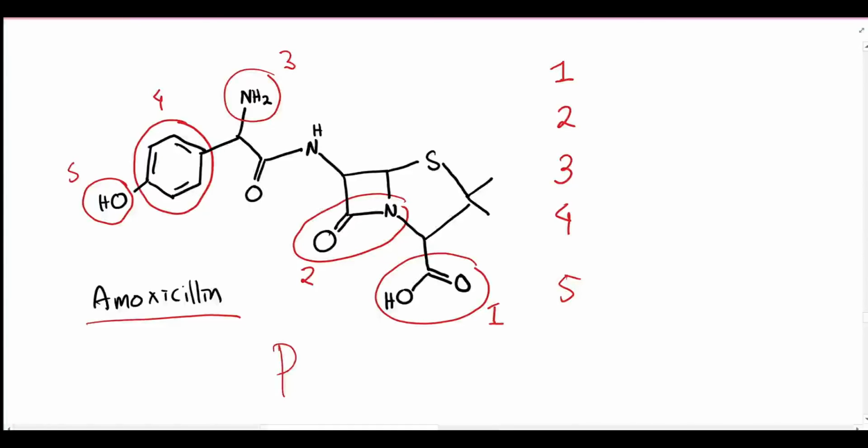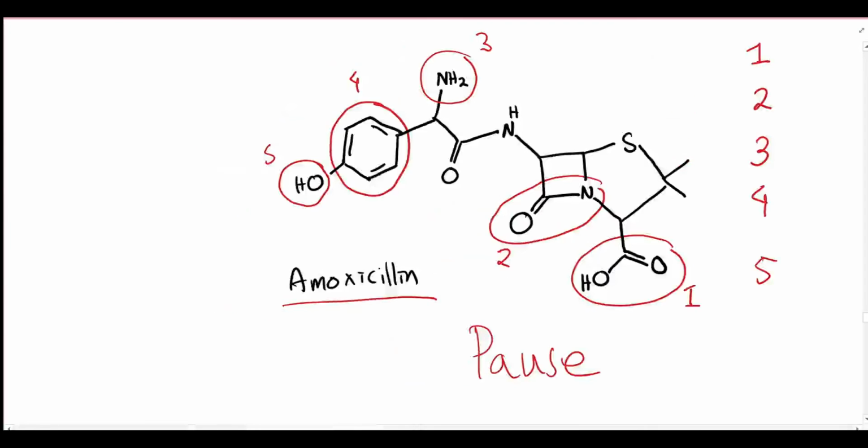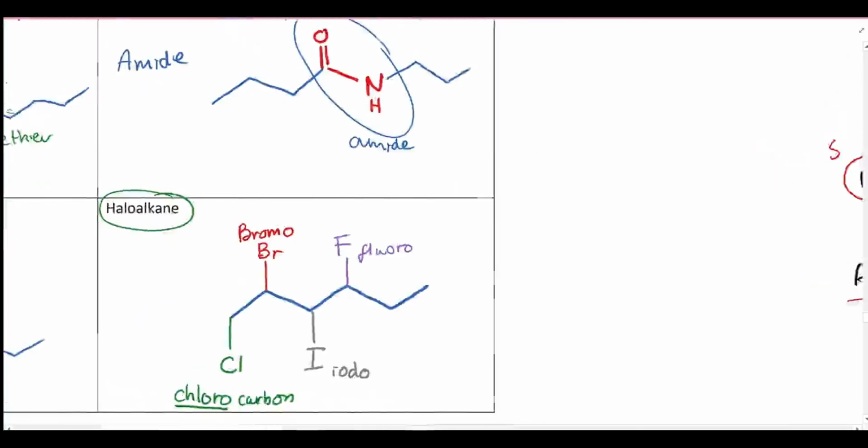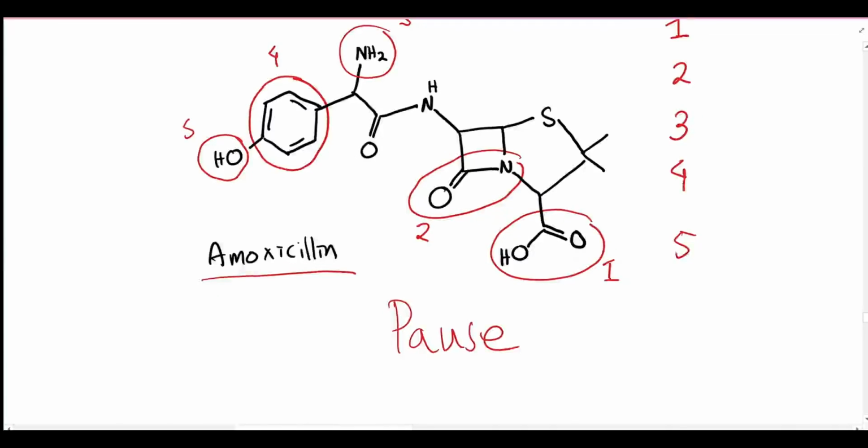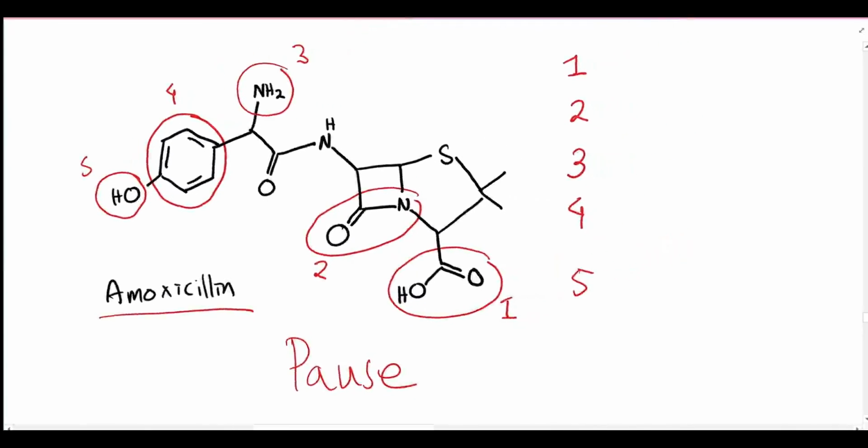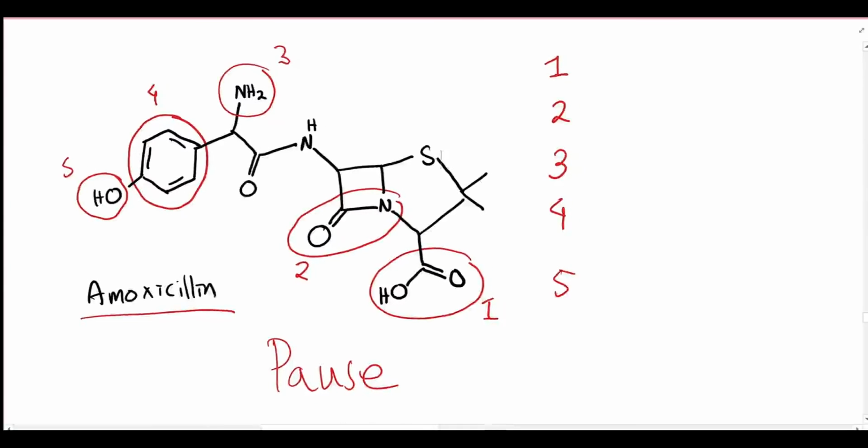Do pause the video, look at your notes from the ones that we filled in before, and try to figure out the functional groups of the molecules in amoxicillin that we have here. There are things that we're not covering, like that one, but don't worry about it too much for now. Okay, so do pause, and when you're ready, just play it again, and I'll write down the solution.